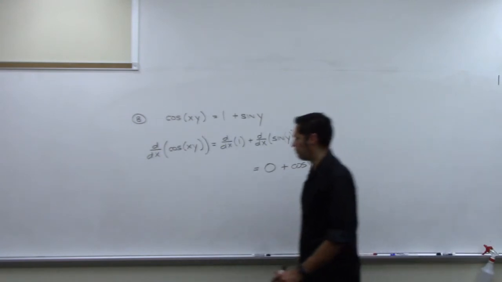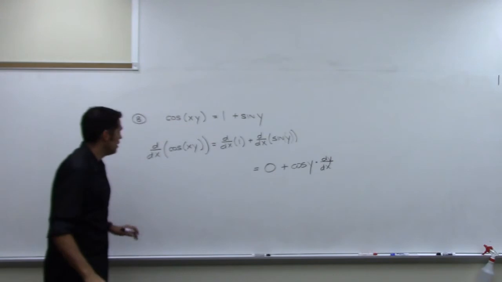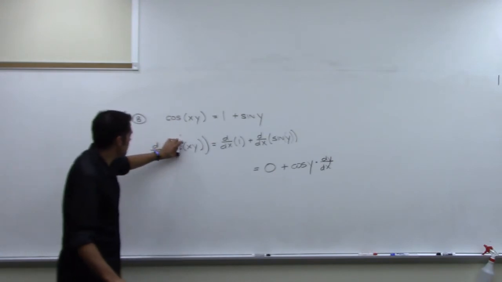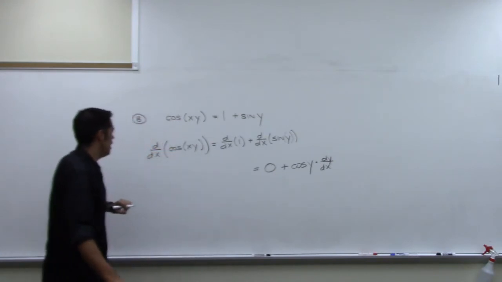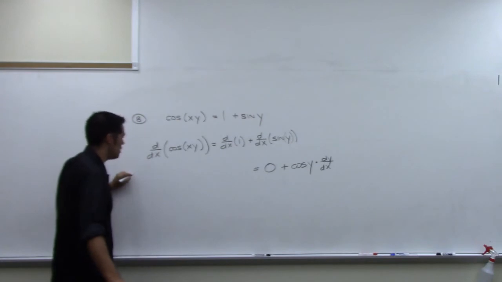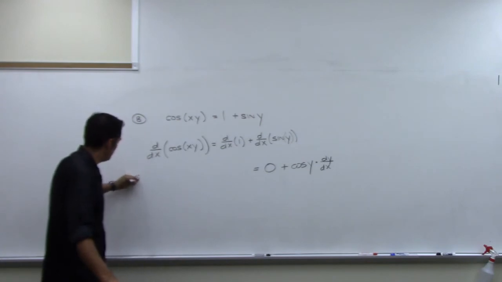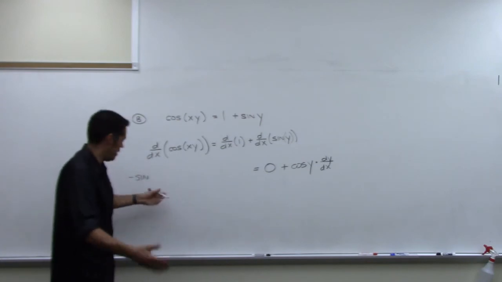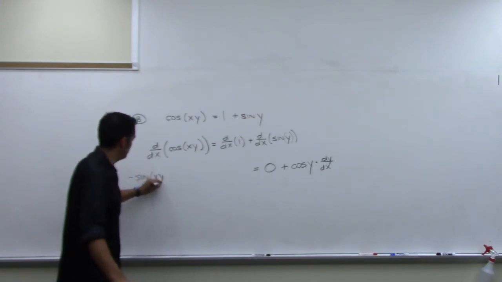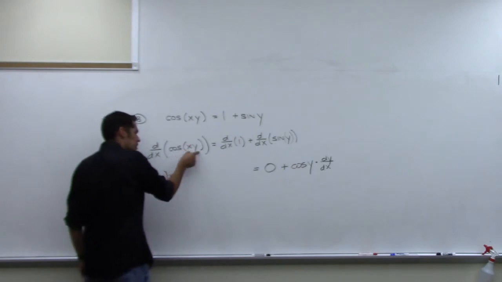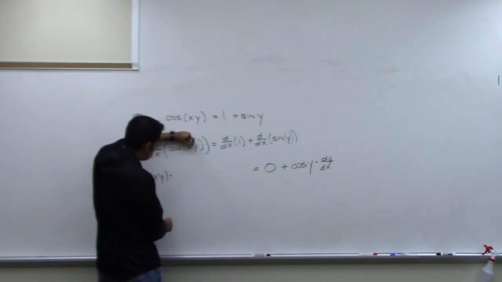Now the left side is a little bit trickier because you're trying to take the derivative of cosine of a product. So first, what's the derivative of cosine of something? Well, it's negative sine of the something, and the something for us is xy. Chain rule says times the derivative of what was in here. Well, there you have a product rule.